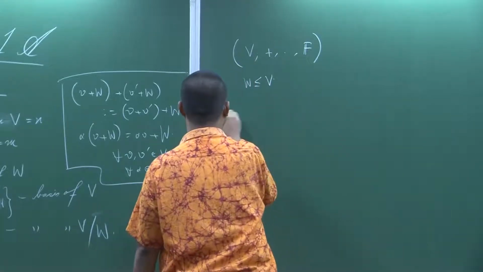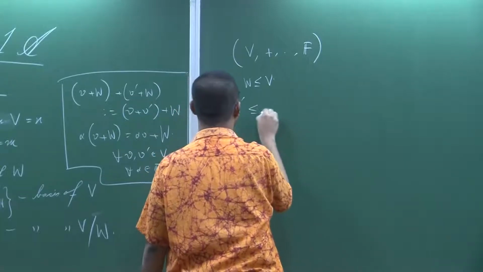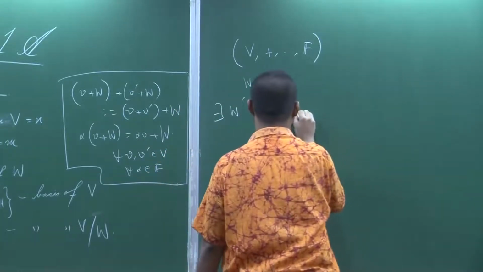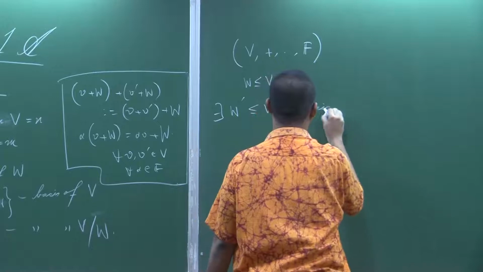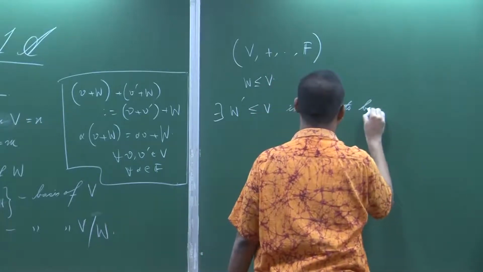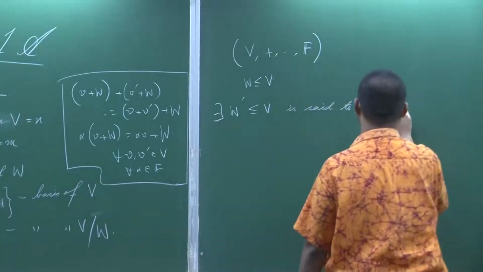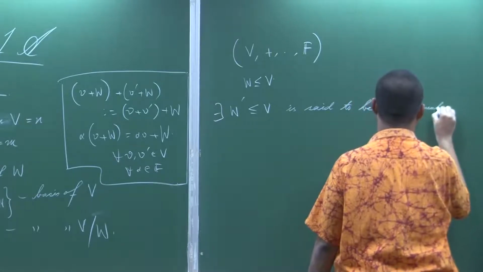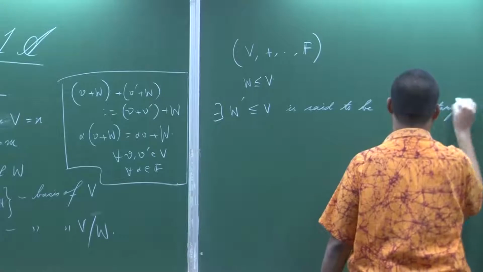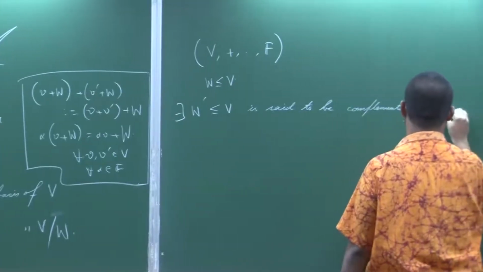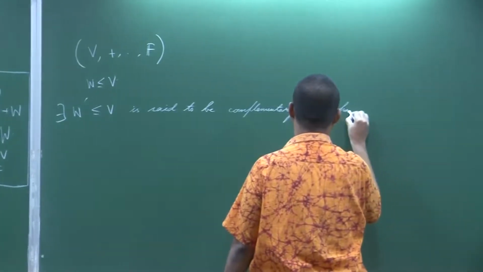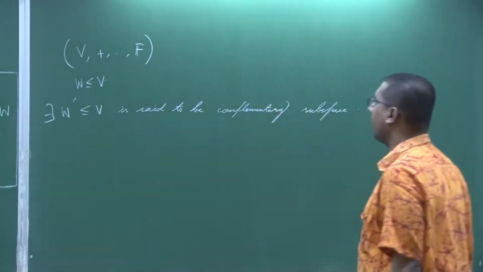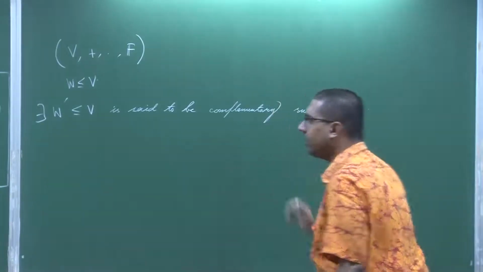Then a subspace W prime of V is said to be a complementary subspace. So, we will complete the definition later.